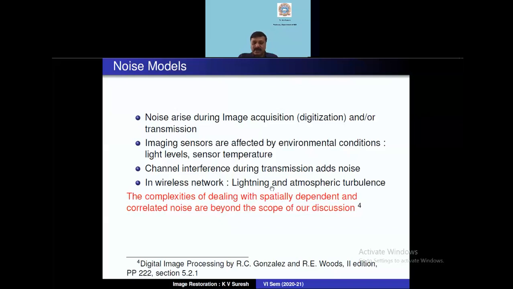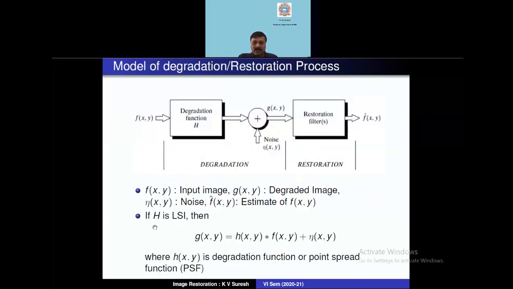Because if it is spatially dependent, that means the pixel at (100, 100) is corrupted by one type of noise, and the pixel at (100, 200) is corrupted by another type of noise, then it is very difficult to remove that. And if the noise is correlated with the gray level value, again this is a difficult thing. So we are making the assumption that they are spatially independent and uncorrelated. That is what we have done here.